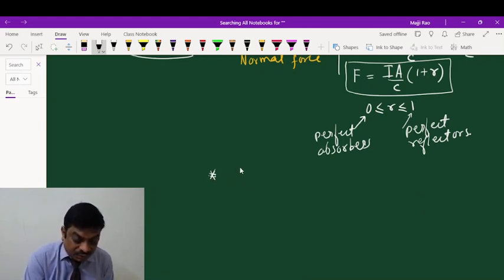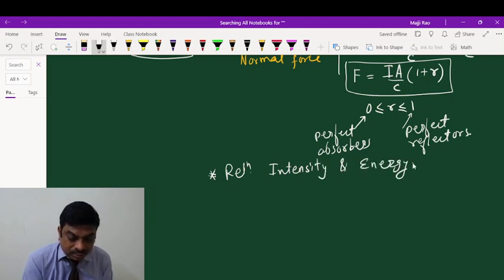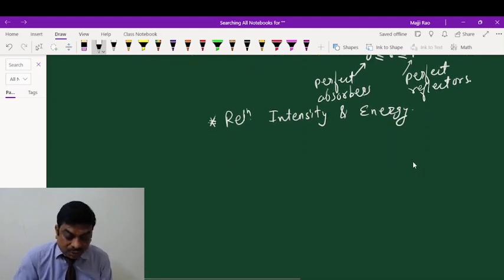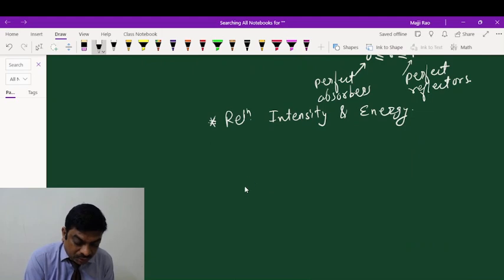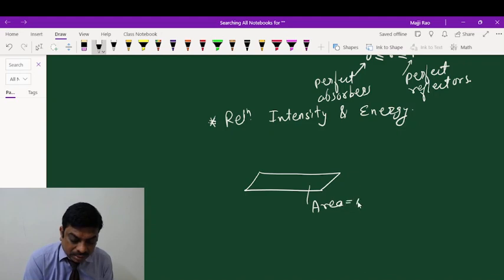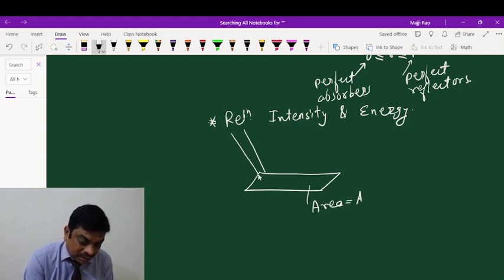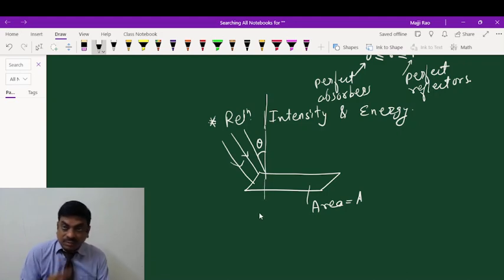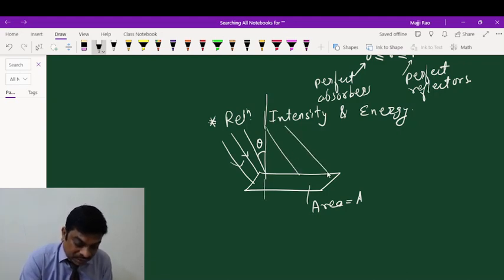Suppose this is an area, area is A, and incident light is incident at an angle of, let us say, theta with the normal to the area.